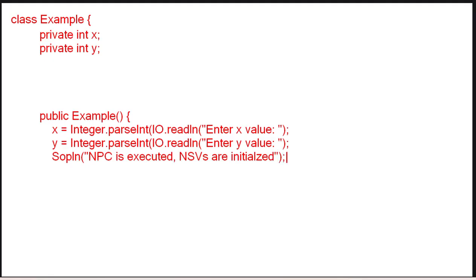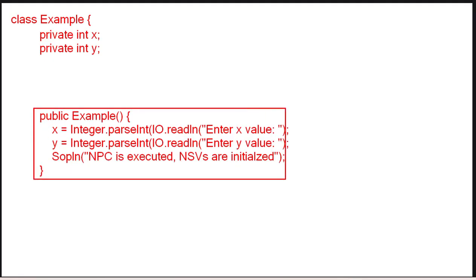Constructor is meant for initializing non-static variables and executing some logic when an object is created. Look at these two lines: initializing non-static variables. And this is executing some logic when a new object is created. Tell me, inside a class, am I allowed to create only one constructor or multiple constructors? Multiple constructors.